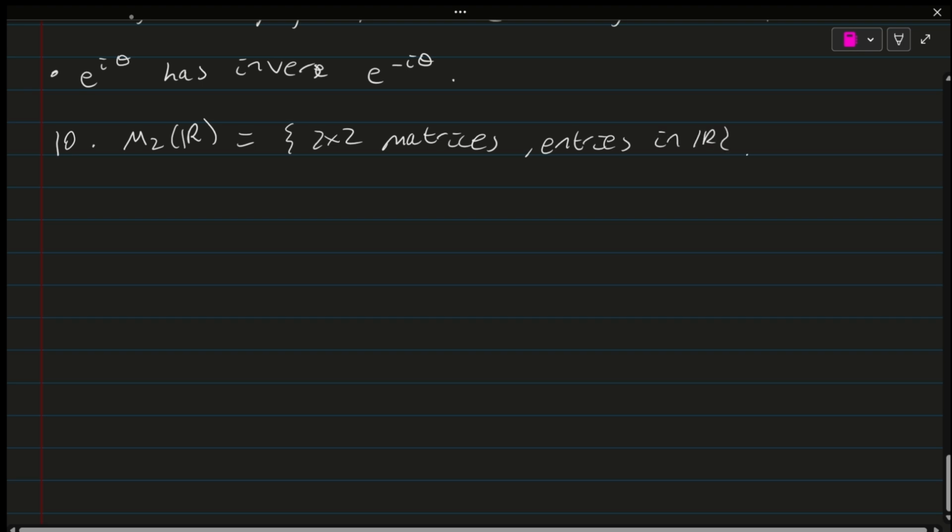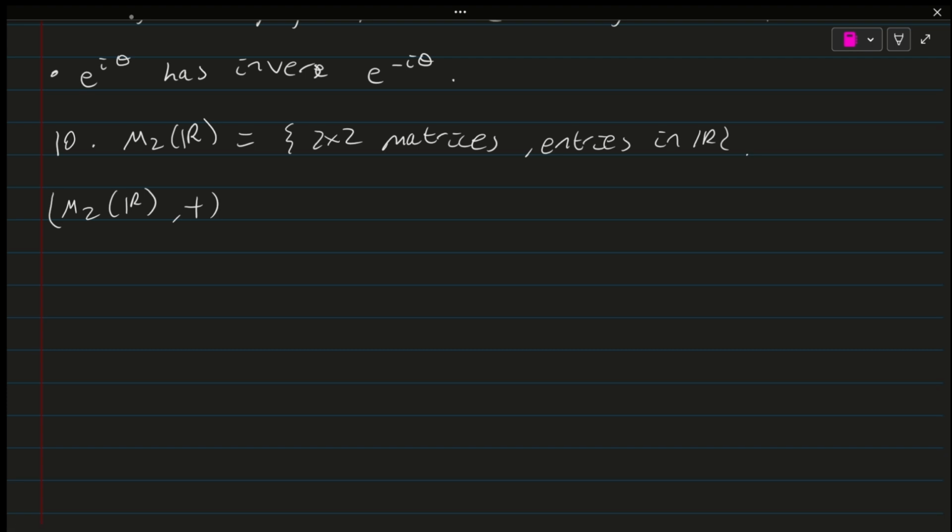And we're going to look at M2R under addition. Excuse the slip of the tongue earlier: this does commute. Addition, as you know, A plus B equals B plus A, and that's the case for matrices as well. So this is a group.